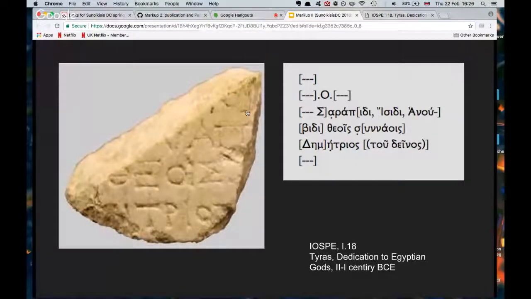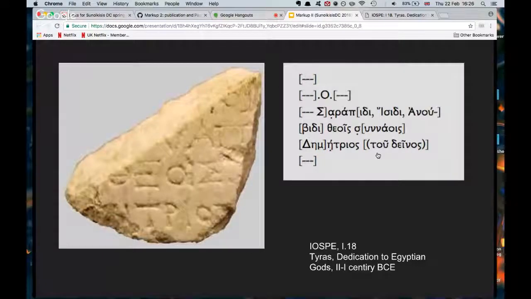Over here at the top, you can see that. And then we have a lot of restoration going on. We have a couple of underdots, and here we have an abbreviation inside a restoration, which is interesting.